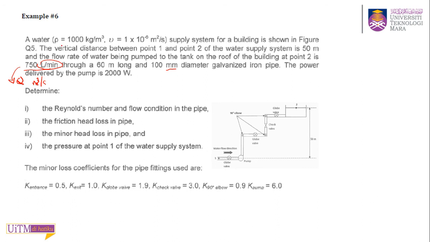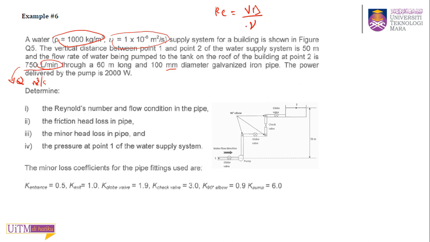And you have your rho 1000, and this is kinematic viscosity. So you just use the equation with the kinematic viscosity, which is V times D over the kinematic viscosity. They give you this, not dynamic viscosity.